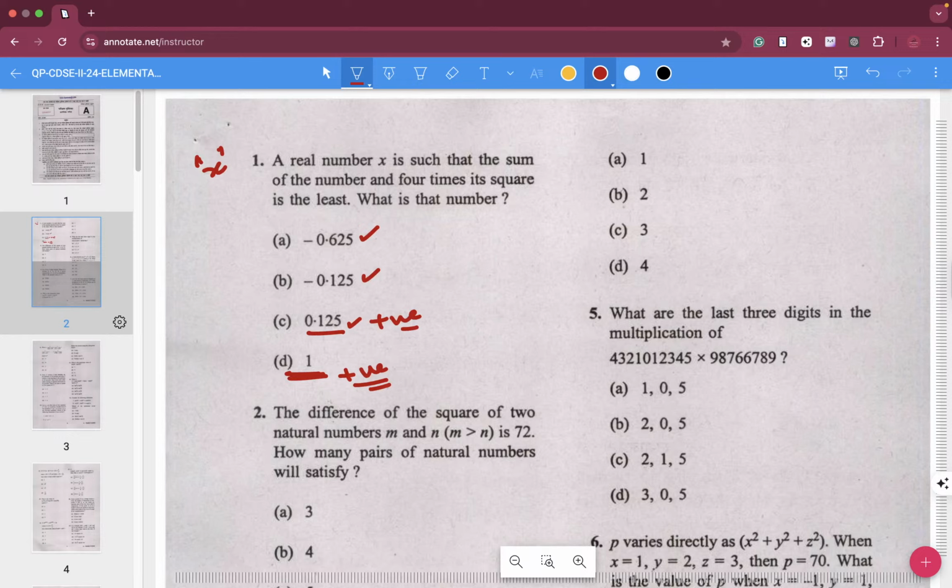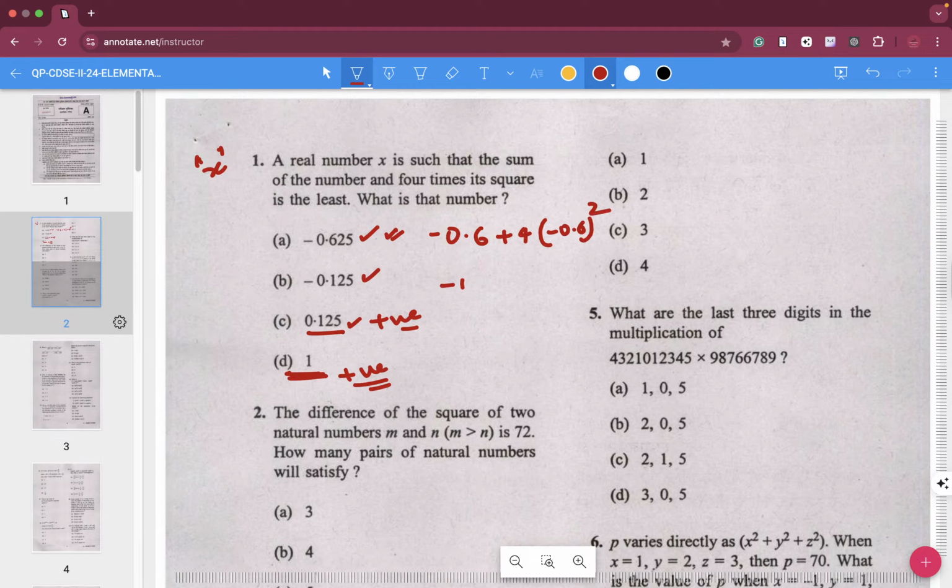For the sake of simplicity, can we assume this particular value, minus 0.625, as simply minus 0.6, which is close to that value? So we take minus 0.6 plus 4 times minus 0.6 whole square.